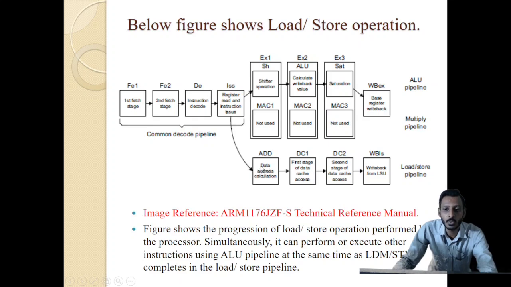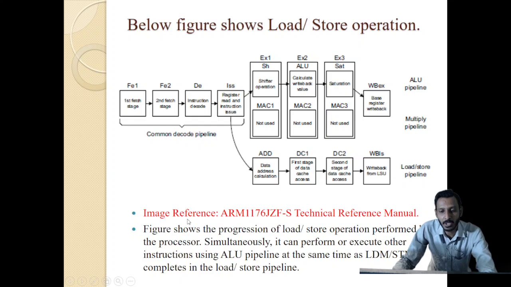After data address calculation, there is the first stage of data cache and the second stage of data cache, which are accessed by the processor. Lastly, whatever the final result, whether a load or store operation, is done at the WBIS register block, which is the write back from the load store unit pipeline.